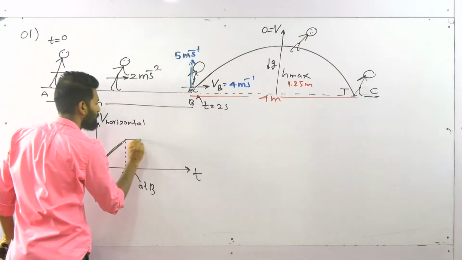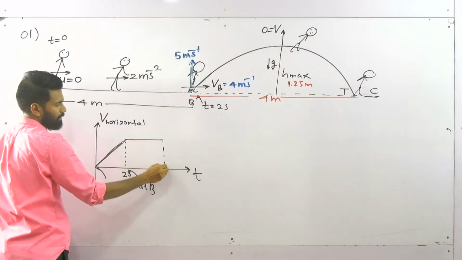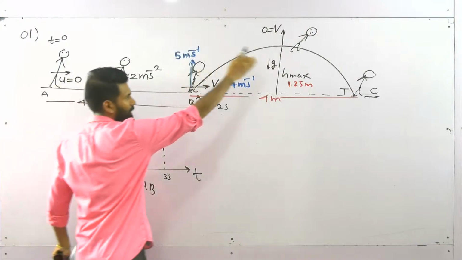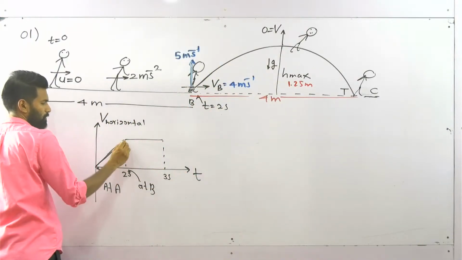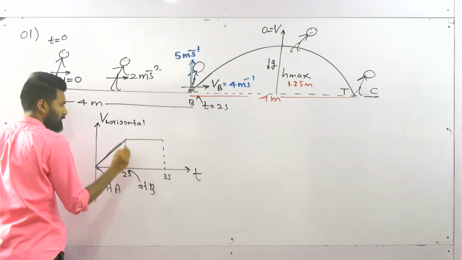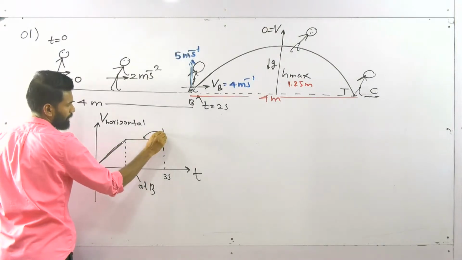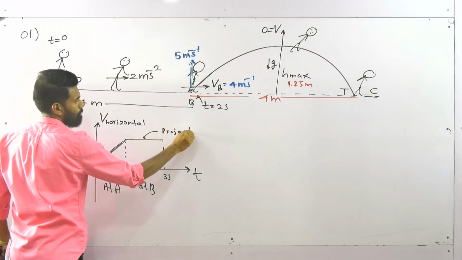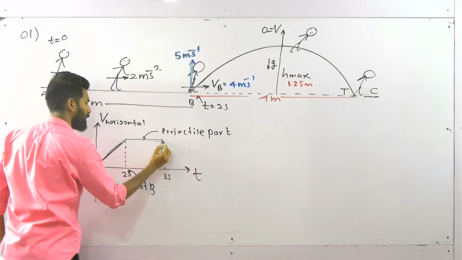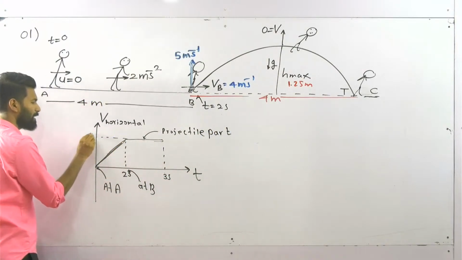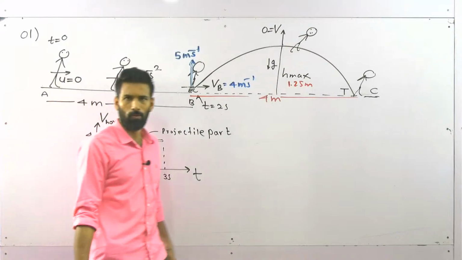So it will not change until the 3rd second. Why? The flying time is another 1 second, so completely it will take 3 seconds. So from the 2nd to the 3rd second, in the projectile part, her horizontal velocity component will remain at a value of 4.